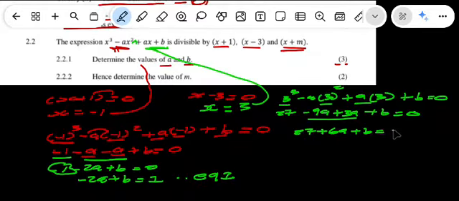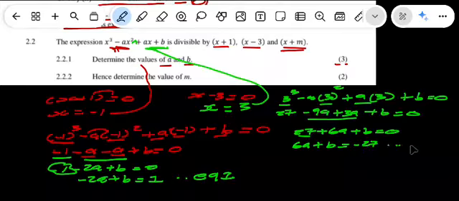This must be equal to 0. All right, I can take this 27 to the other side. I'll be left with 6a plus b. This must be equal to negative 27. Then I can call this my equation 2.